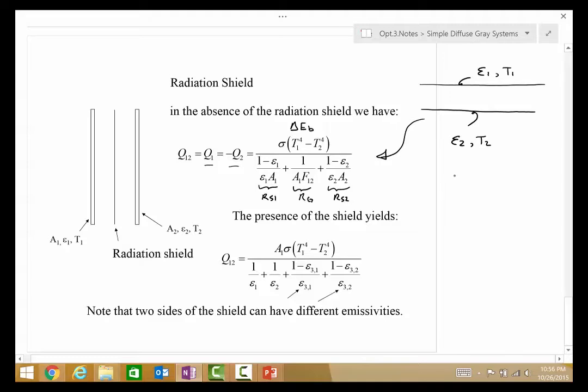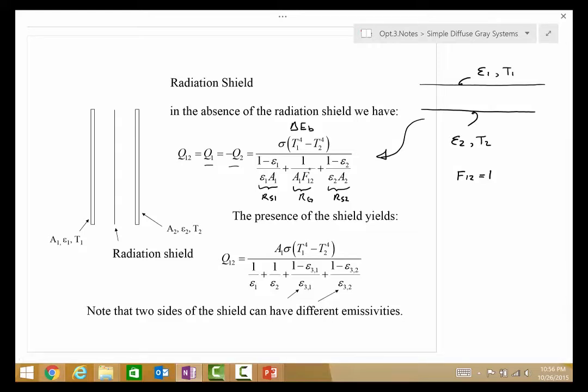And the way to think about that, of course, is that certainly F12 is equal to 1, but even having F12 equal to 1 doesn't mean that I get rid of that geometric resistance. I don't get rid of it because the surfaces see each other completely. It's just that I have that factor of 1 over the area in there, basically.